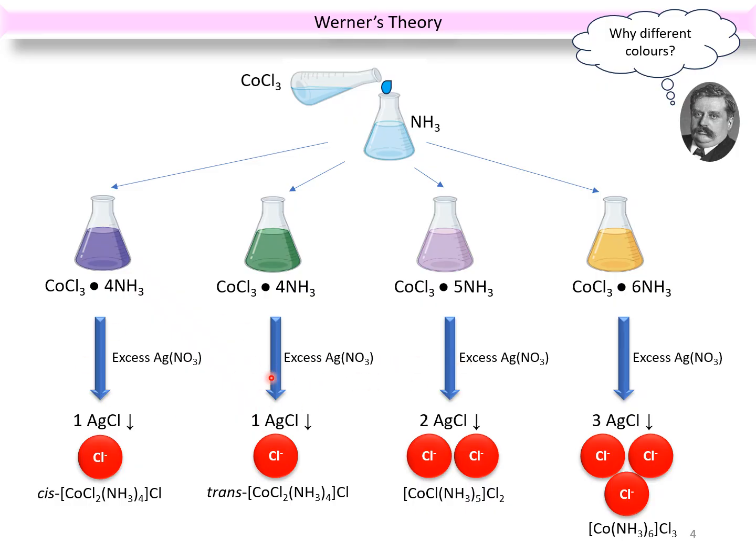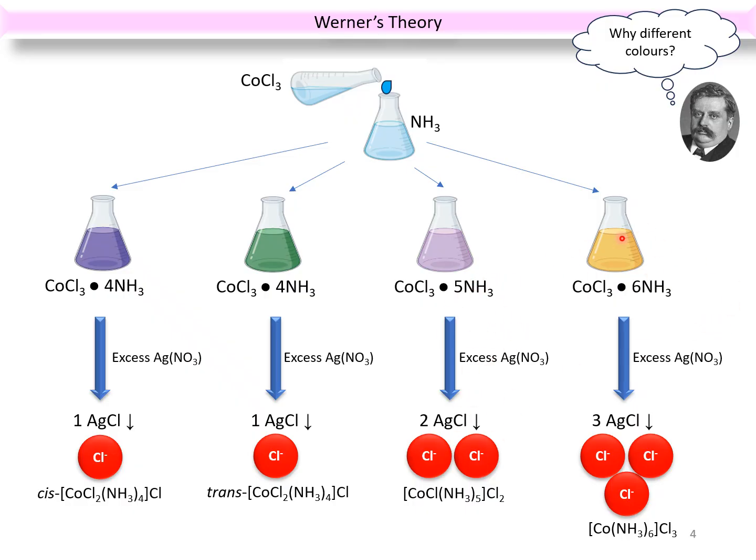This shows that in the violet and green solutions, the number of chloride ions that are non-coordinating is 1, while the purple solution precipitated 2 equivalents of silver chloride, indicating the presence of 2 non-coordinating chloride ions.